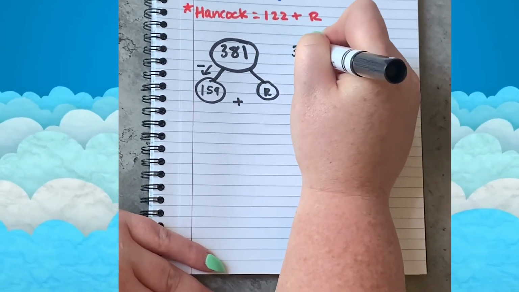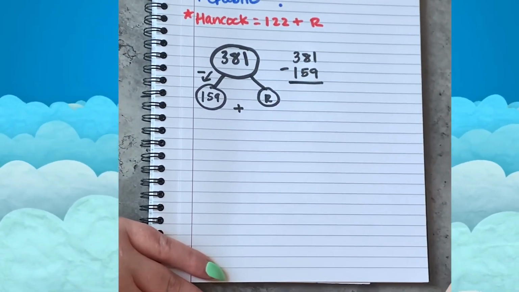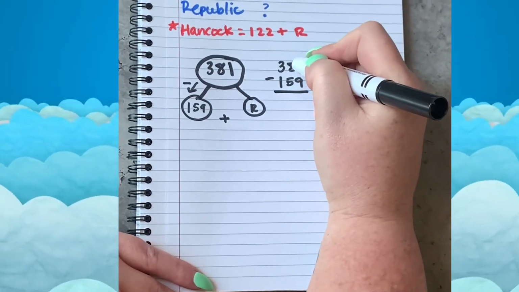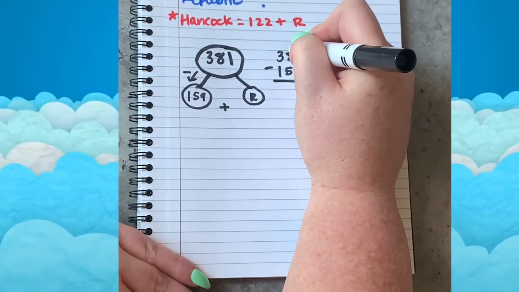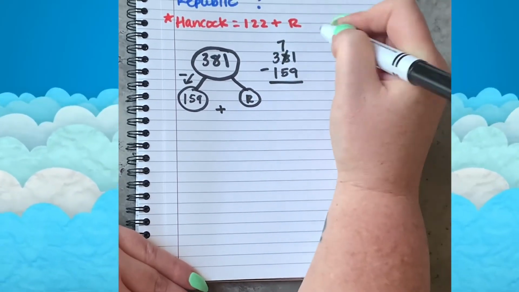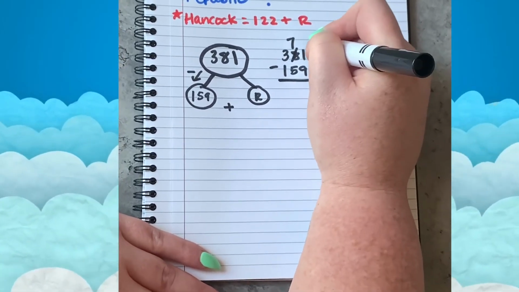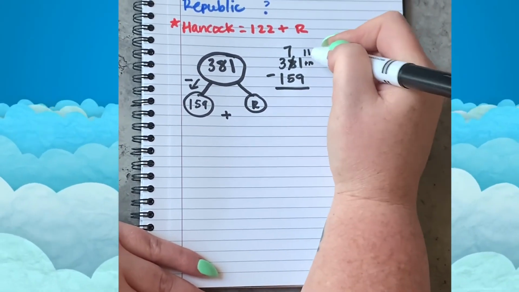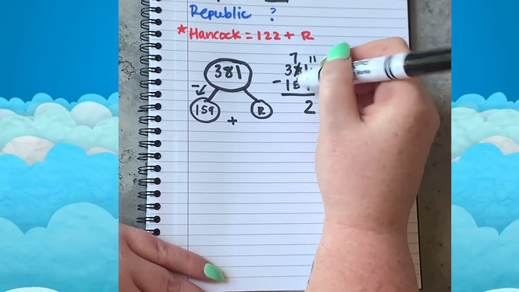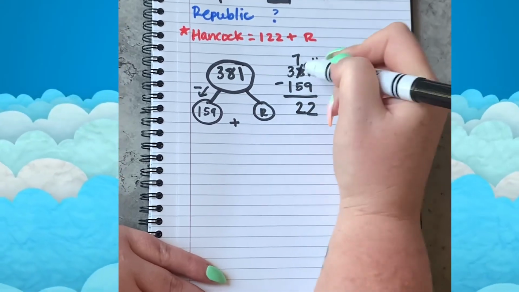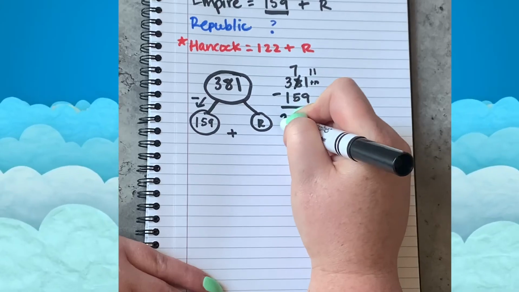So if I take 381 and I subtract 159, I'm going to have to borrow from the tens place. 8 tens, if I borrow 1, it's going to be 7 tens. I put my 10 back down here, and I have 11. 11 minus 9 is 2. 7 tens minus 5 tens is 2 tens, and 3 hundreds minus 1 hundred is 200.